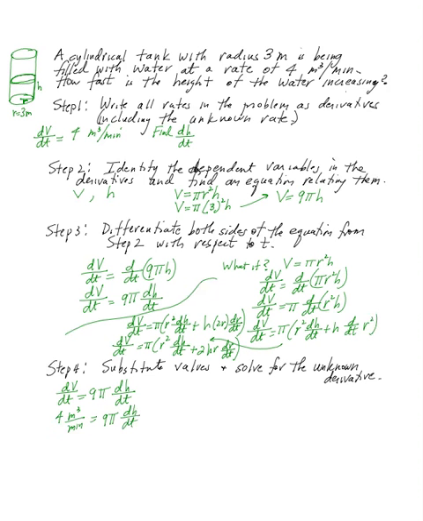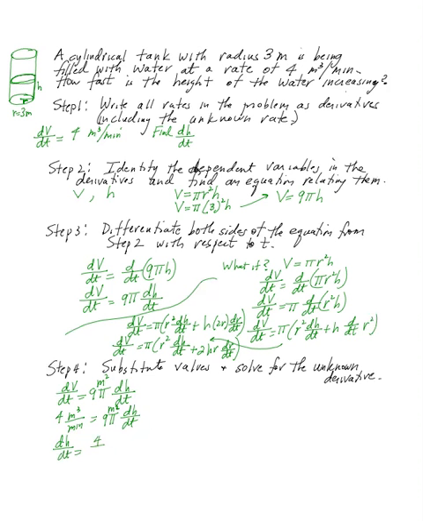So I just solve this equation for dh/dt. I need my units. This 9 really is 9 square meters.